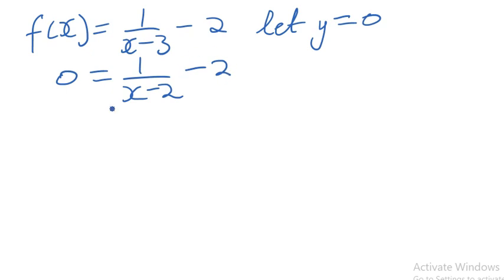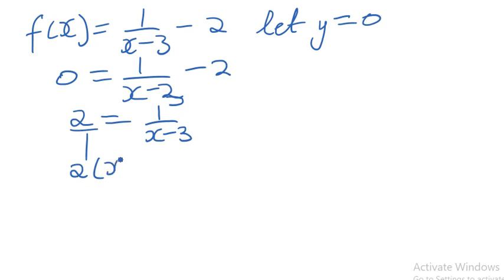Take this to the other side, so you'll have 2 is equal to 1 over x minus 3, over 1. If you cross multiply, you'll have 2 times x minus 3 equal to 1 multiplied by 1, that will give you 1.